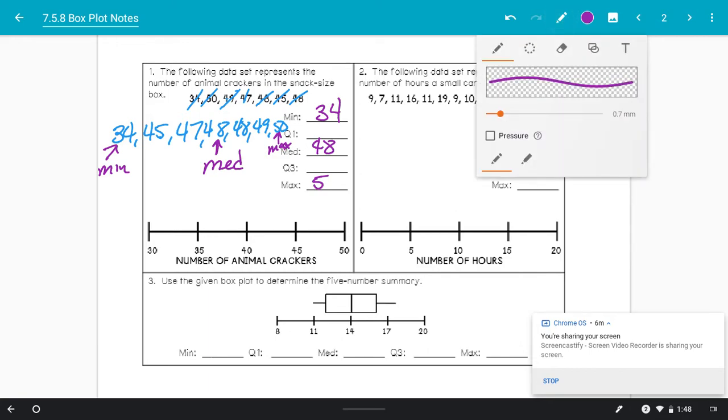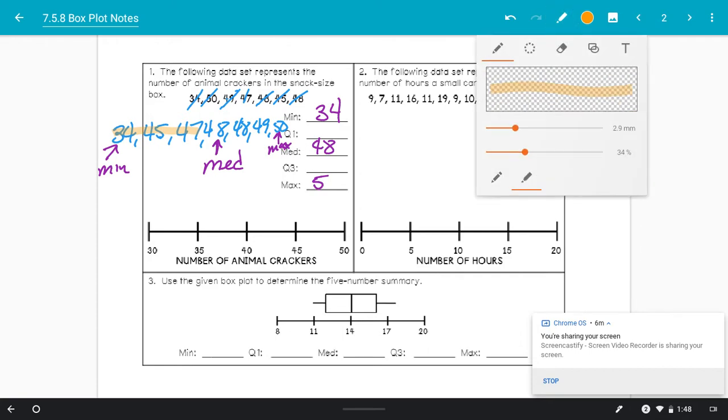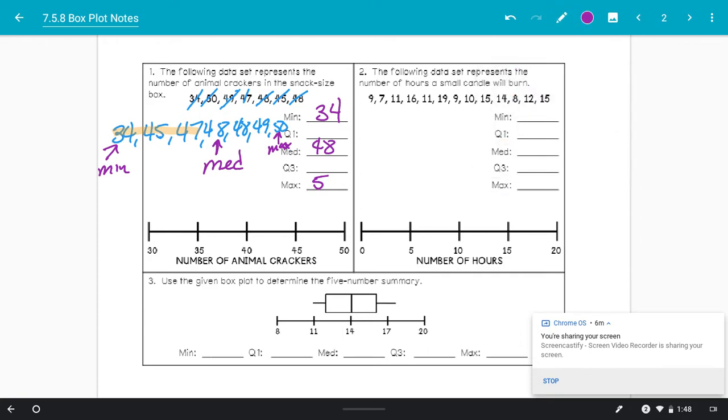So for these ones, I have to look at the lower half of my data set, which is all the data below the median. And I want to look for the median of that lower half of my data set. So the middle number in 34, 45, and 47. We're very fortunate here in that since there's only 3, the middle one should be pretty obvious to us that we're going to get 45 as our first quartile.